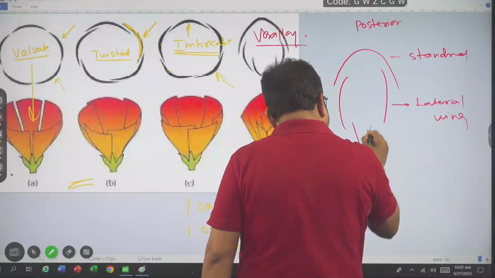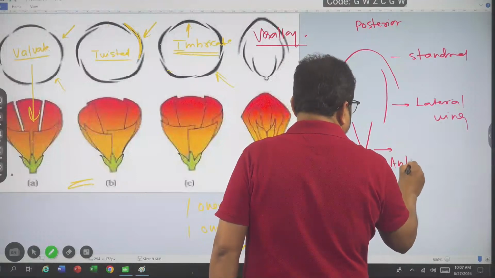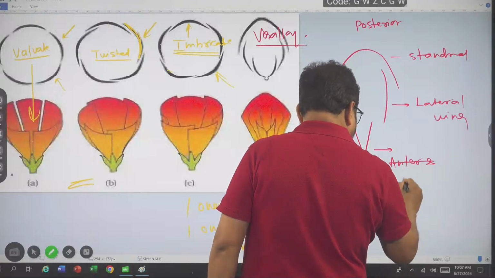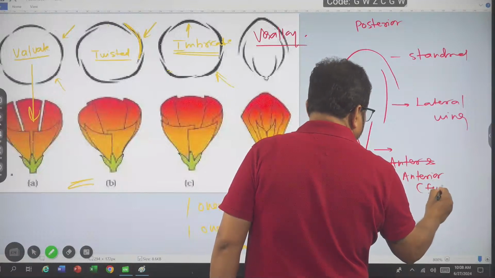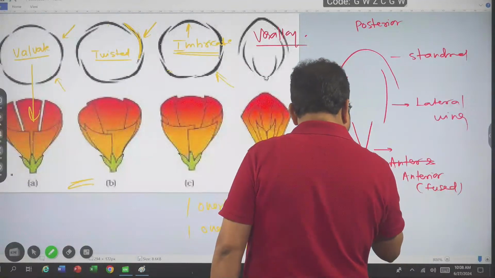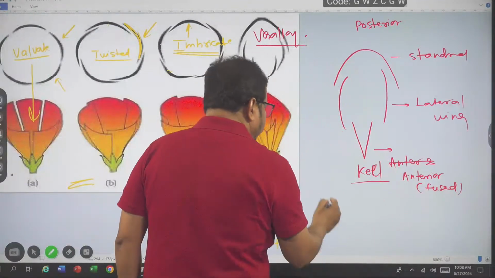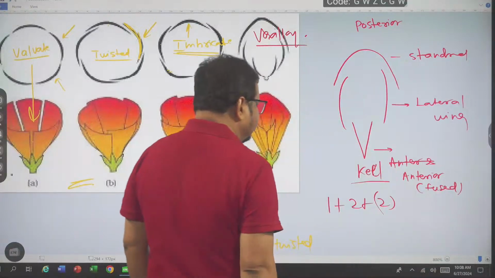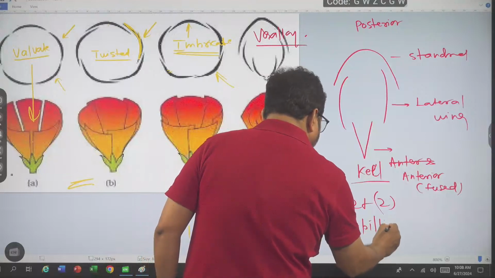And two anterior ones are fused, and this structure is called keel. So this is called 1 plus 2 plus 2, under the bracket arrangement, and it is called papilionaceous corolla.